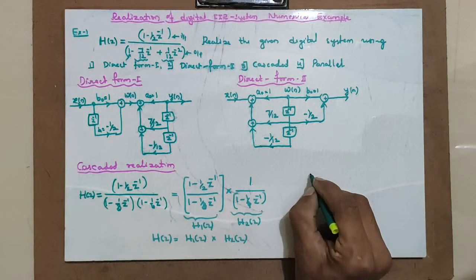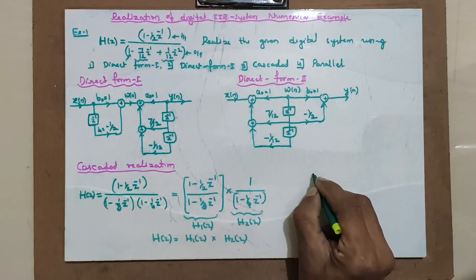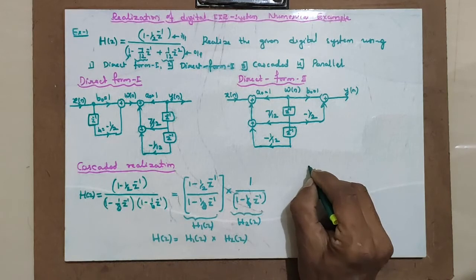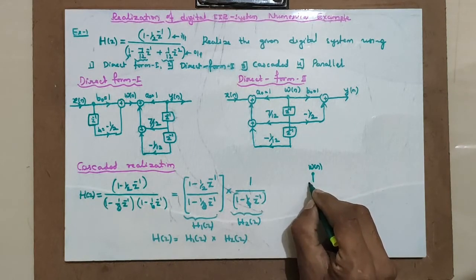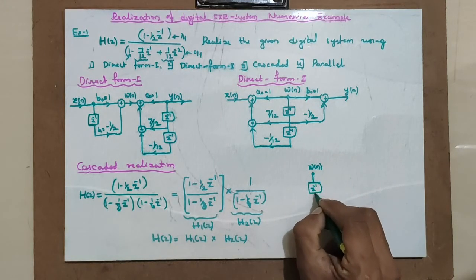Just take a central point, the W point, and there I put one delay element, z raised to minus 1.